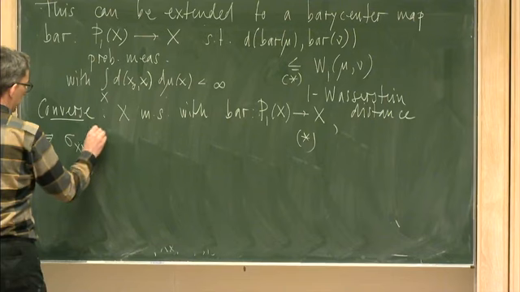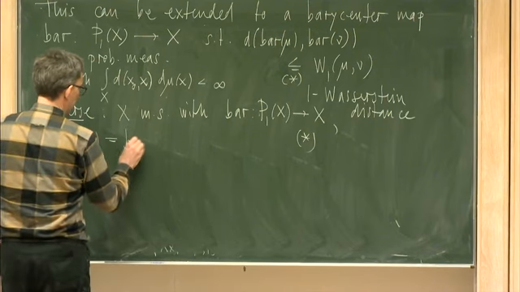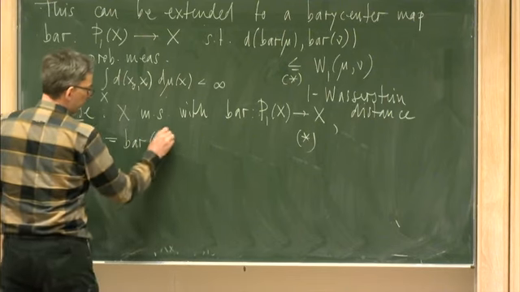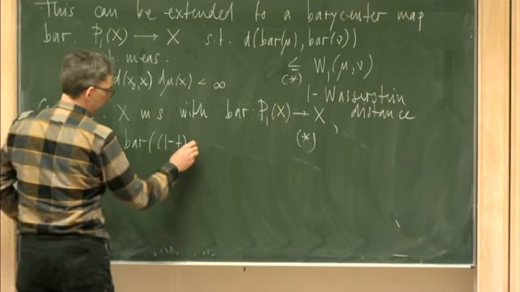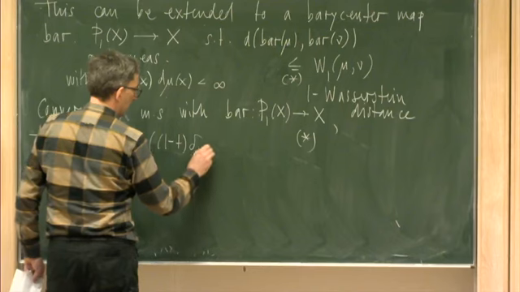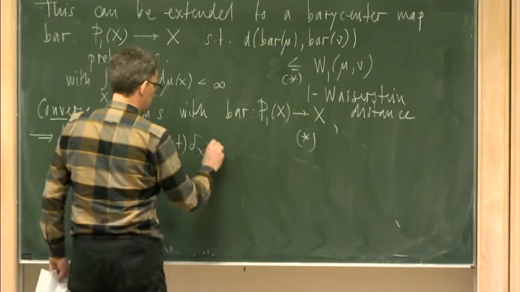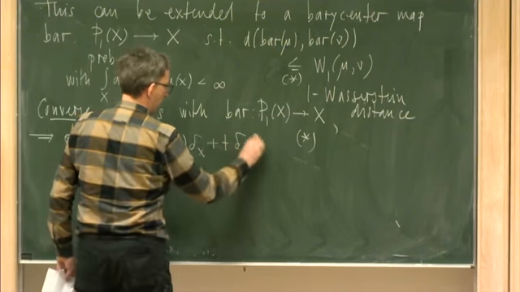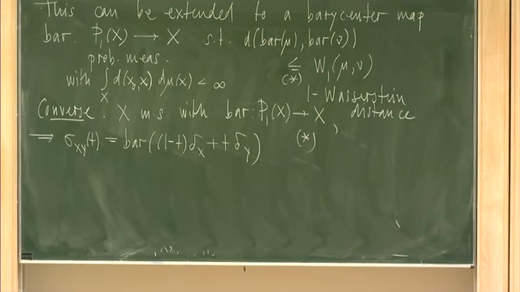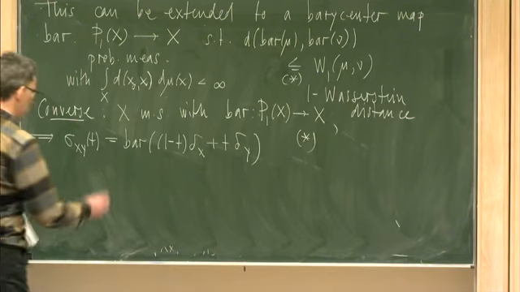Sigma xyt is just the barycenter of the convex combination of the corresponding Dirac measures. And this defines a bicombing, a reversible bicombing.